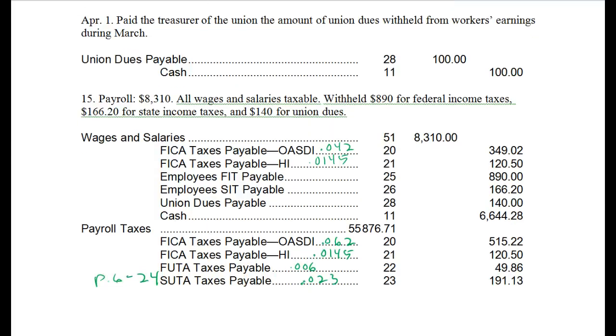So let's just begin. April 1st, paid the Treasurer of the Union the amount of union dues withheld from workers' earnings during March. That was given in the illustration.